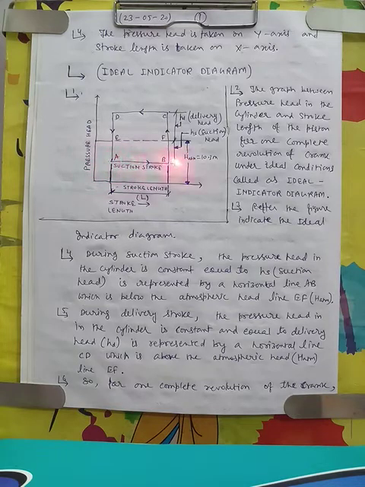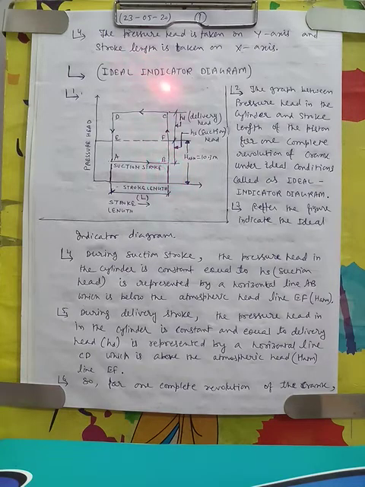At B the stroke is ending, and the piston reverses its direction by 180 degrees from suction to delivery stroke, and suddenly the pressure inside the cylinder rises at the end of the suction stroke. So pressure rises at the turning point, the reversing point of the piston.